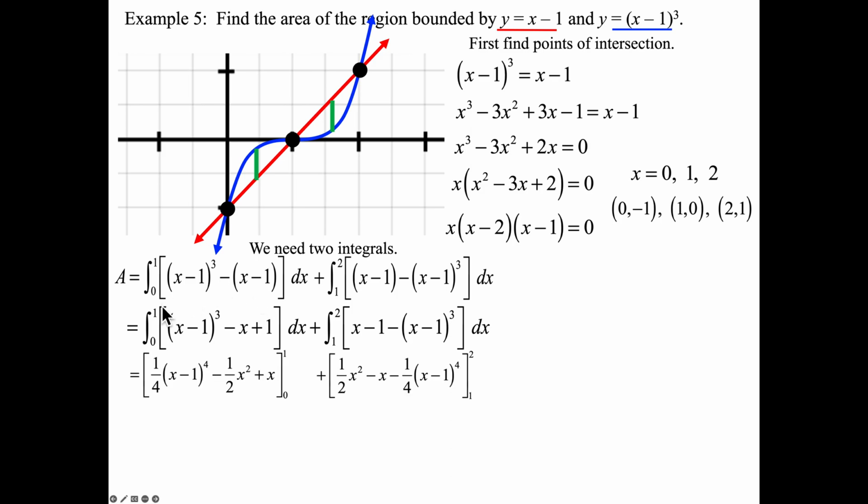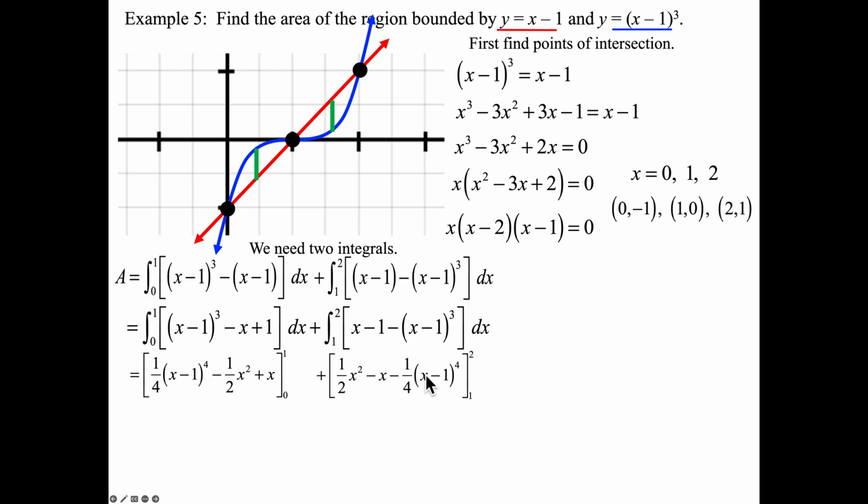All right. So if you integrate (x minus 1) to the third power, that'll be (x minus 1) to the fourth power times 1/4. And then you take the derivative of the inside, which is just 1, so you don't have to worry about dividing by 1. It's kind of like that chain rule concept when you did derivatives. Our minus x becomes x squared over 2, or negative 1/2 x squared, and then plus 1.